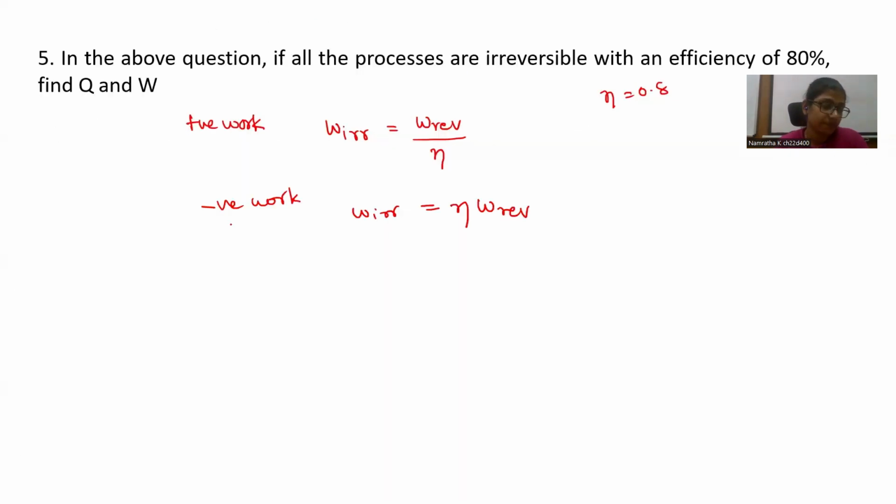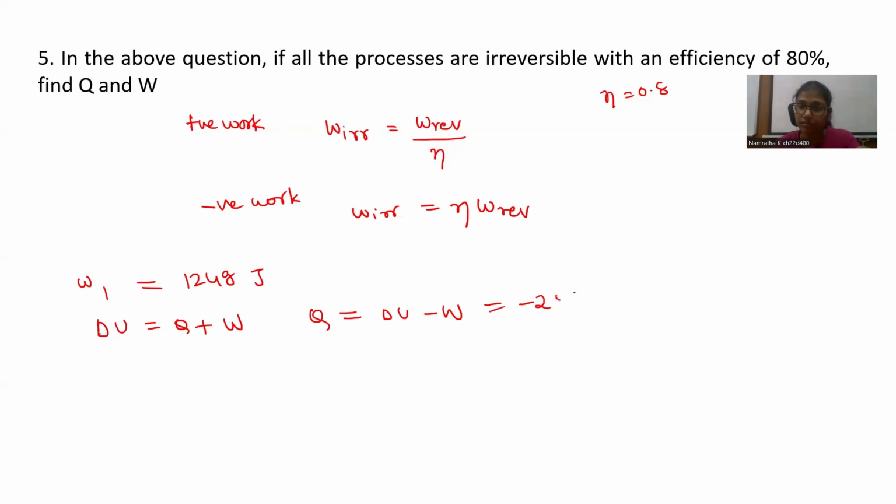Here I can find work irreversible in the step 1. Okay, W1 I can say is going to be 1248 joules. Now I can find the delta U is going to be the same because it is a state property, depends on the state, right? So delta U is equal to Q plus W. So that's how you will get Q equals delta U minus W. So then you will get minus 250 joules.